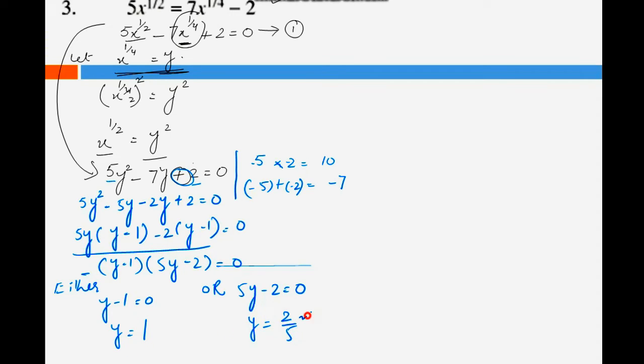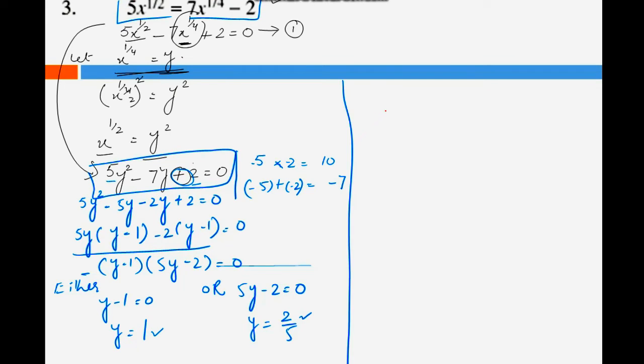These both are the solution of this equation. But I have to find the solution of the original equation. So now let's resubstitute the value of y. I am having y is equal to 1 and y is equal to 2 upon 5.